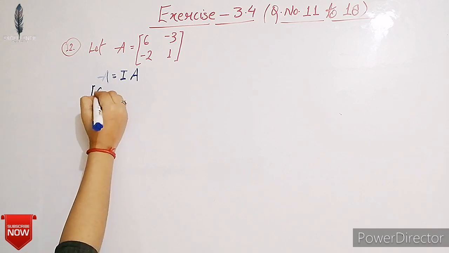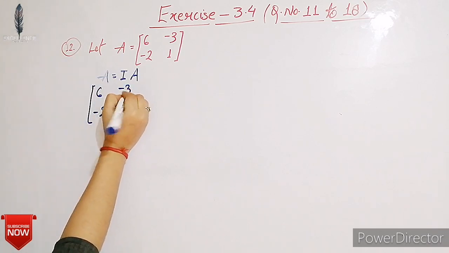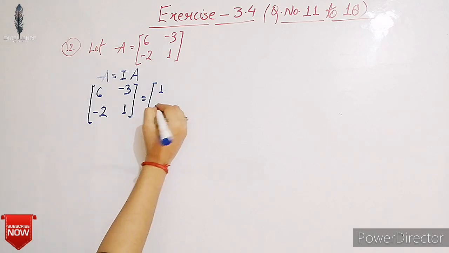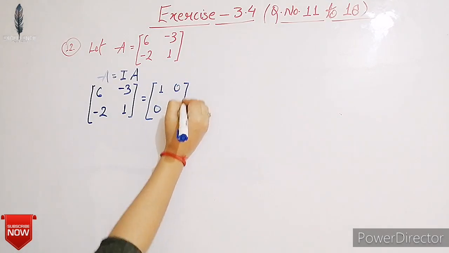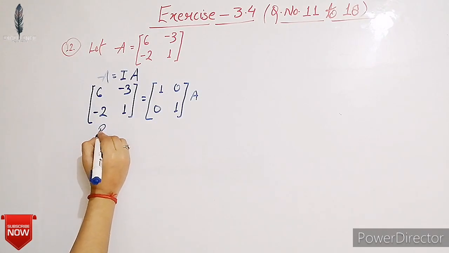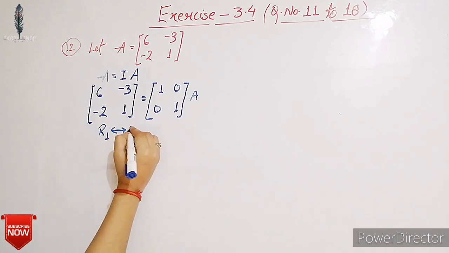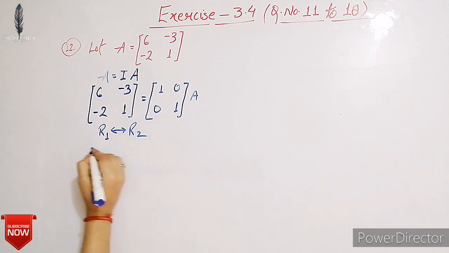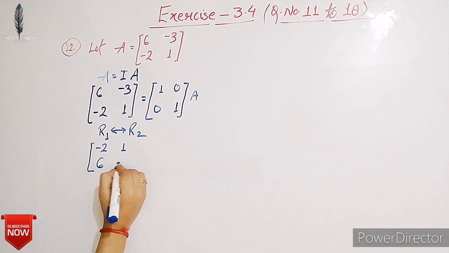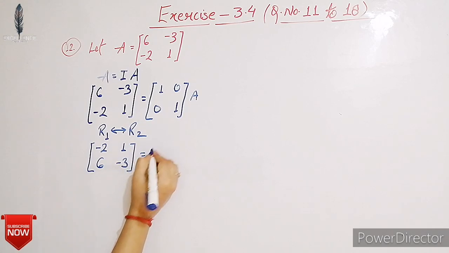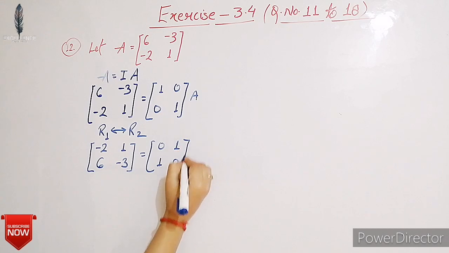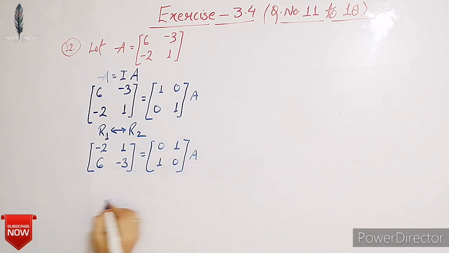Put the value of A, that is 6 minus 2 minus 3 1, and I is the identity matrix of order 2, that is 1 0 0 1, times A. Now first change is R1 is interchanged with R2. Then we get minus 2 1 6 minus 3, R1 replaced with R2, and here 0 1 1 0, times A.